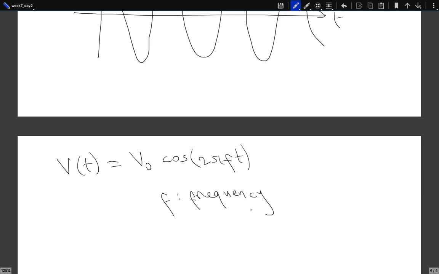In Turkey, for example, we have, do you know the frequency of the electricity we use? It's 60 hertz. So the 60 or 50?